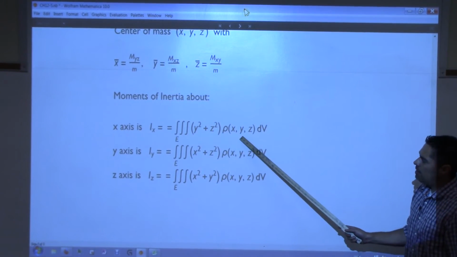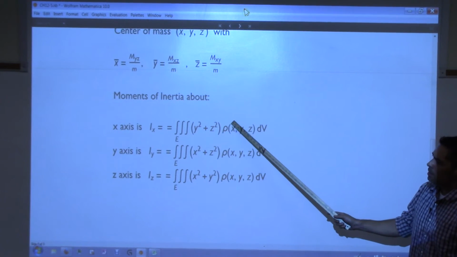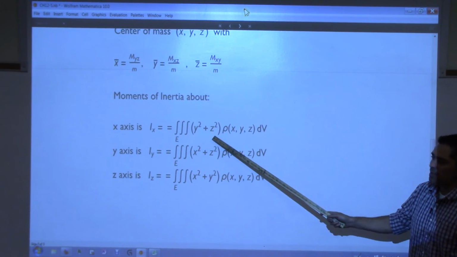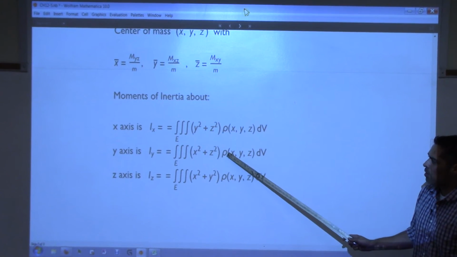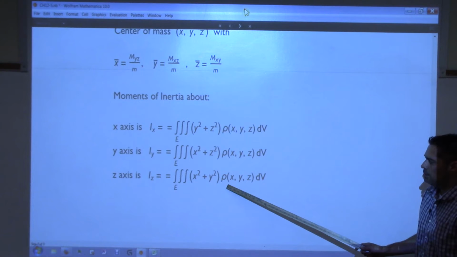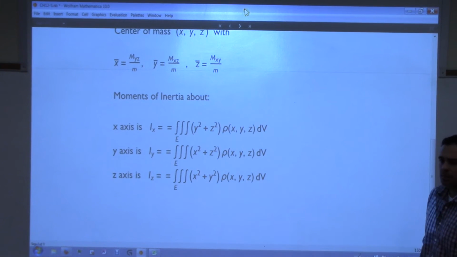So do you see that density function again? But you multiply by y squared plus z squared. And then the moment about the y-axis is this, and the moment about the z-axis is this. So you might imagine those could get pretty messy, but they're doable.